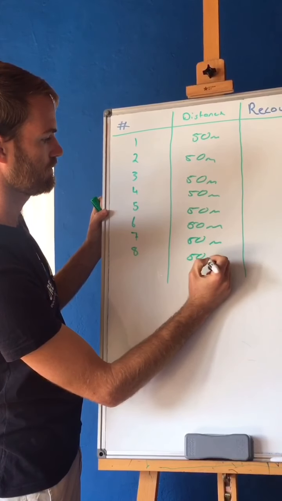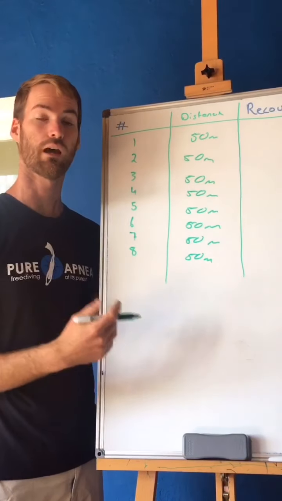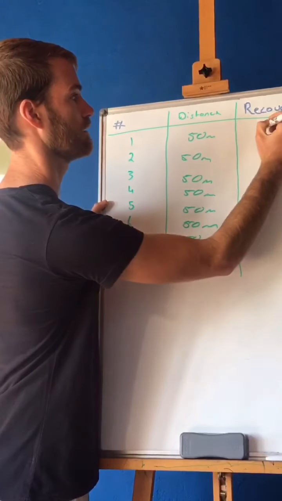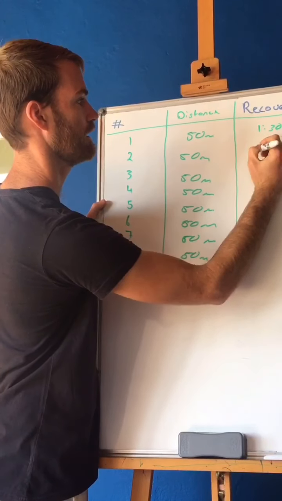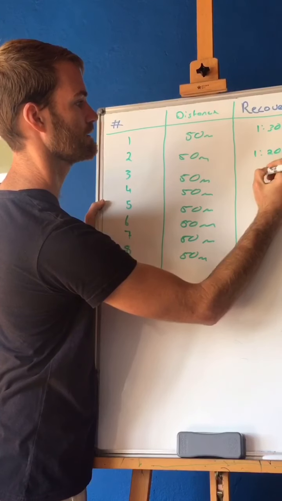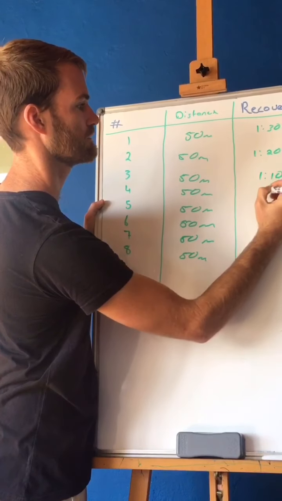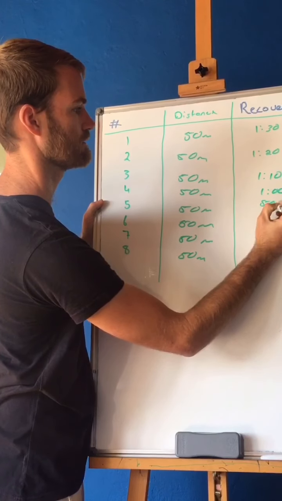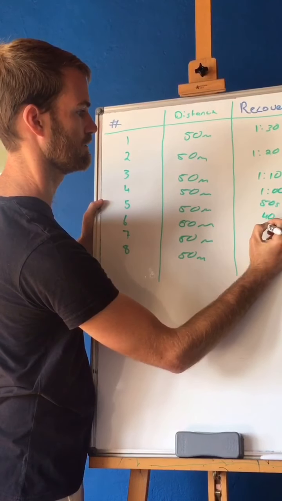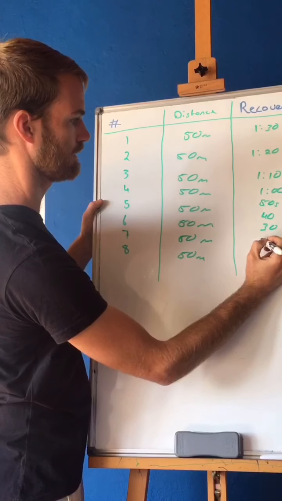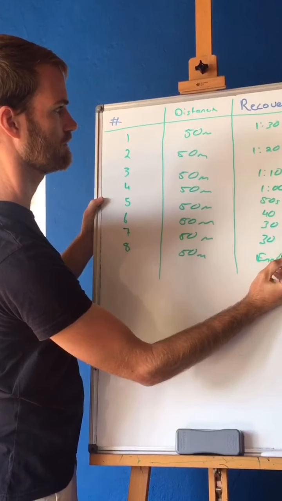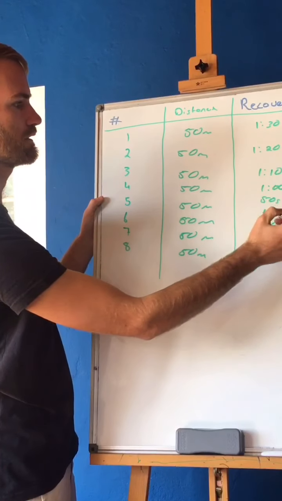Our eighth one, and we have a similar recovery time like with a normal static. So let's start off with 1:30, and let's reduce it by 10 seconds each time. So 1 minute, 50 seconds, 40, 30, and let's keep it at 30 and end. Is that correct? 1, 2, 3, 4, 5, 6, 7, 8.